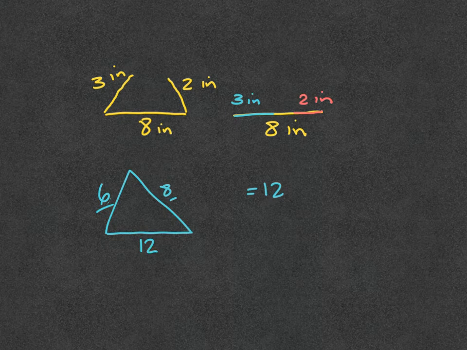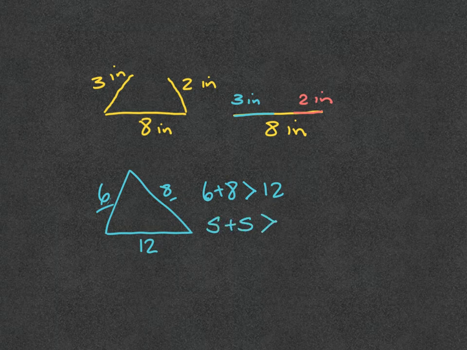When I add them together, they need to be not equal to, but larger than 12, the bigger side. So the short plus the short has to be larger than the long line, or else it can't build a triangle. If you fold it over, it just lies flat. So it has to be larger than, and can't even be equal to.